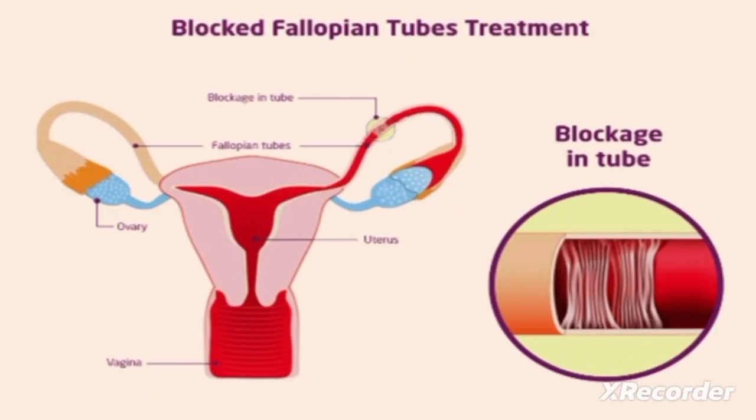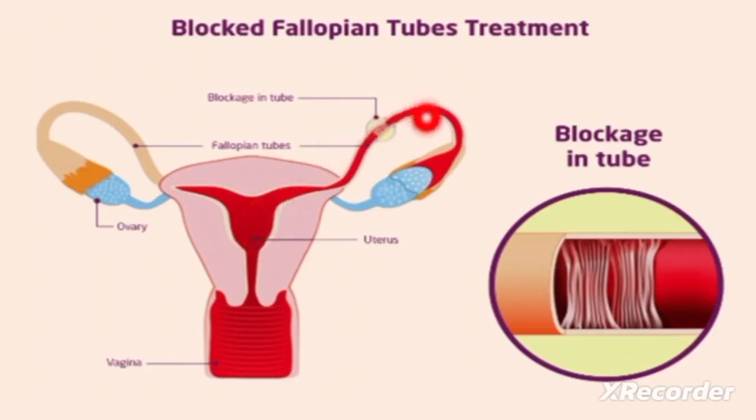A blocked fallopian tube may also prevent the ovum from meeting the sperm. Sometimes fertilization may take place, but coming back to the uterus so that implantation can take place can be a challenge.